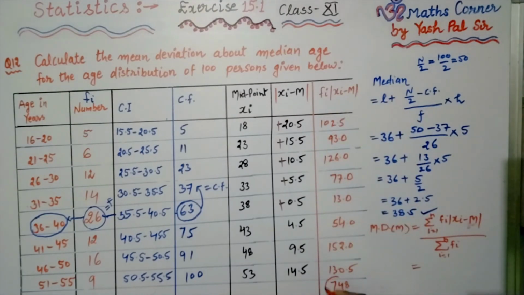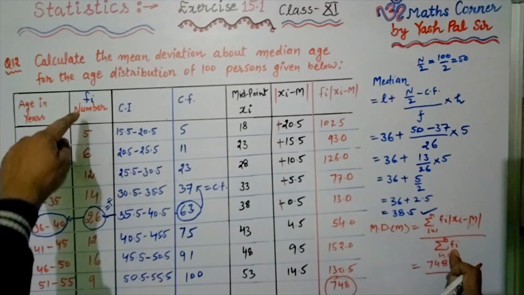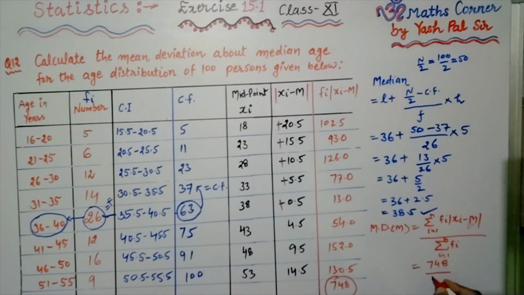So from this column the total was 748. Dividing by the sum of fi, which is 100, the answer is 7.48. This is the mean deviation about median.